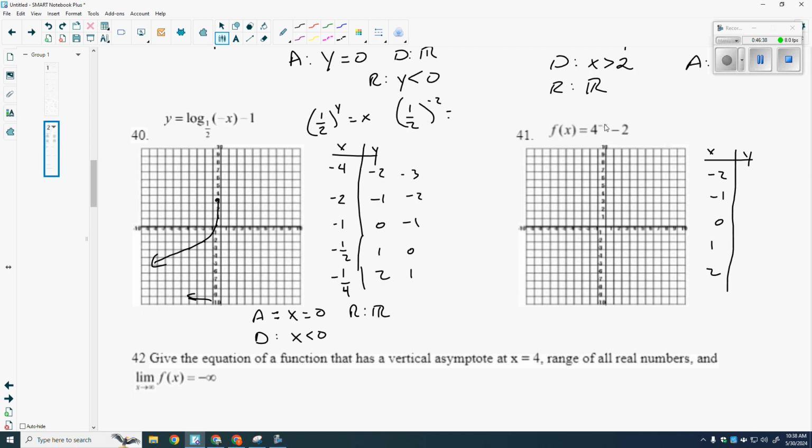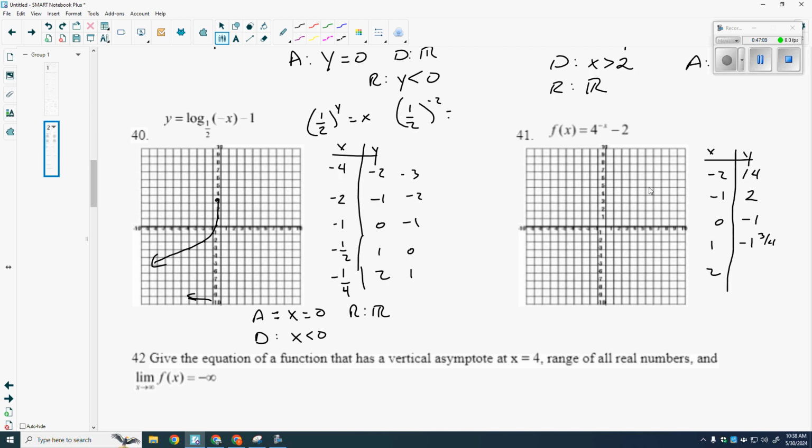-2 plugged in makes that a -2, which makes it a positive. So it becomes 4 squared, which is 16, minus 2, which is 14. Plug in a -1. 4 to the negative first is 4, minus 2 is 2. 4 to the 0 is 1, minus 2. 4 to the negative first is 1/4, and here's where it gets messy. 1/4 minus 2 would be -1 3/4.